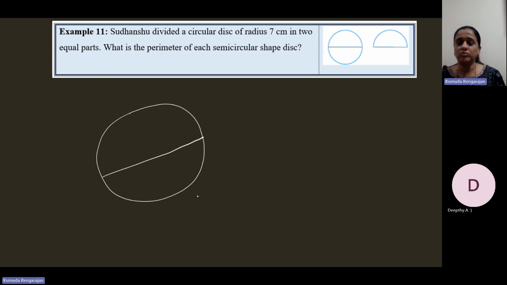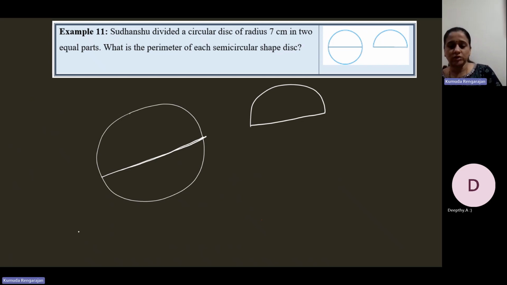Before you put it in the oven or toast it on the stove, you cut this papad into 2 equal pieces. It's easy to cut it into 2 equal pieces. That's what is happening here. A circular disc is cut into 2 equal pieces. You need to find the perimeter of each semicircular shaped disc. Simple, right? You can do this one.